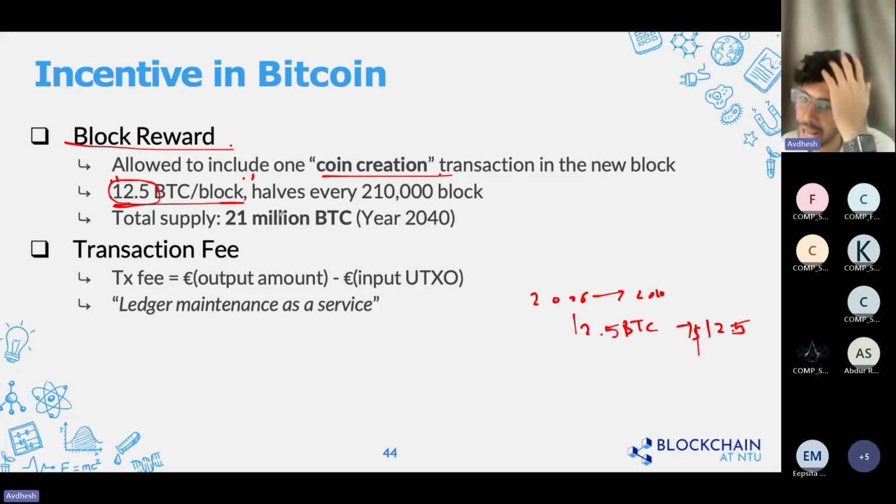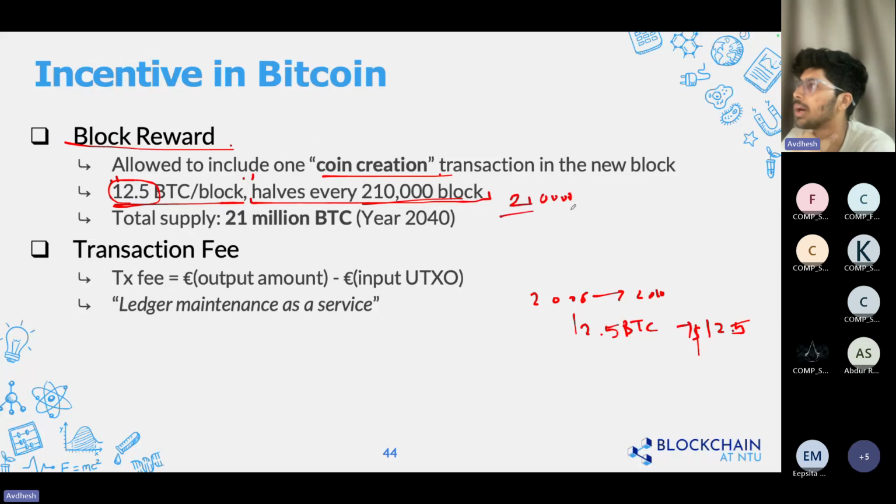Now, as you append blocks and add blocks, it will obviously become a tamper-proof blockchain system. So generally in the system, what Satoshi Nakamoto devised was that the Bitcoin reward gets halved every 210,000 blocks.